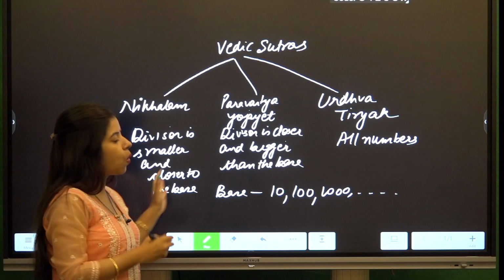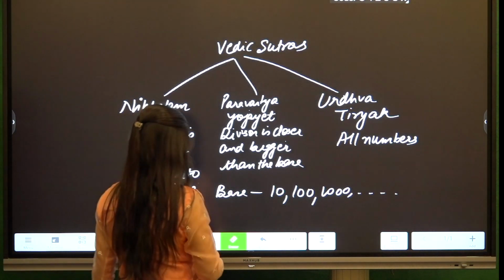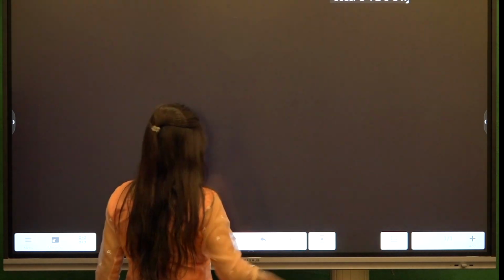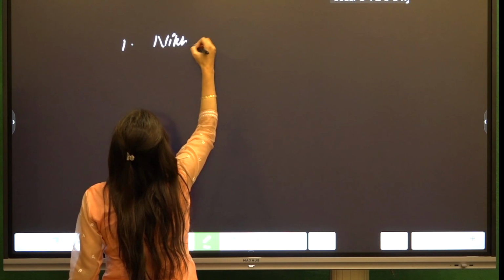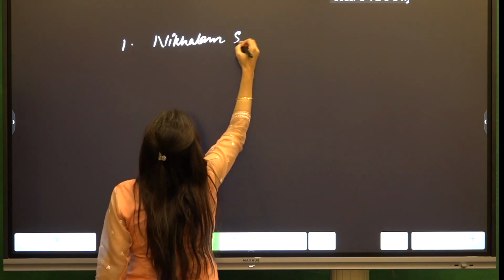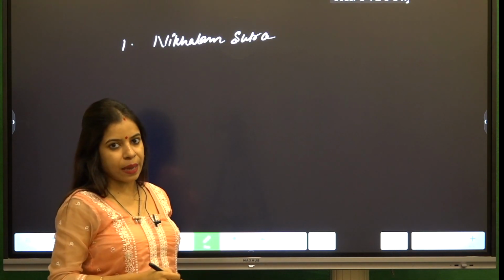Let us see all these sutras one by one. First is the Nikhilam Sutra. Let us see this with the help of an example.